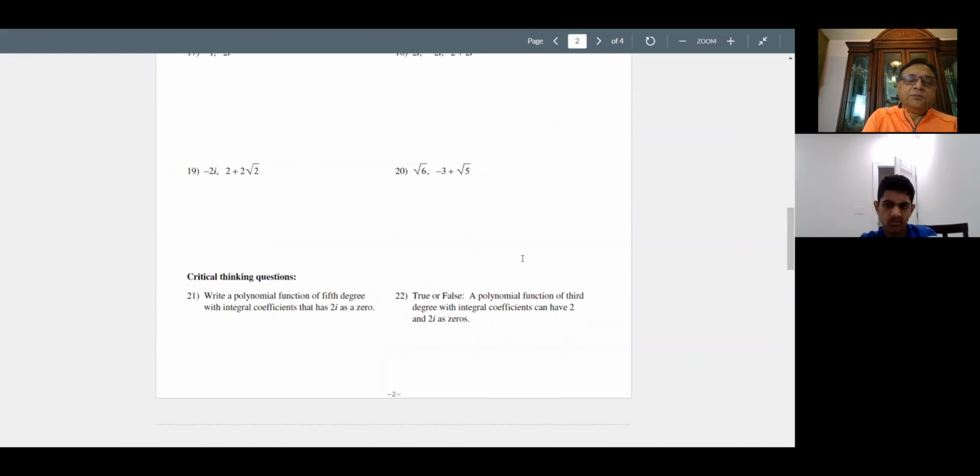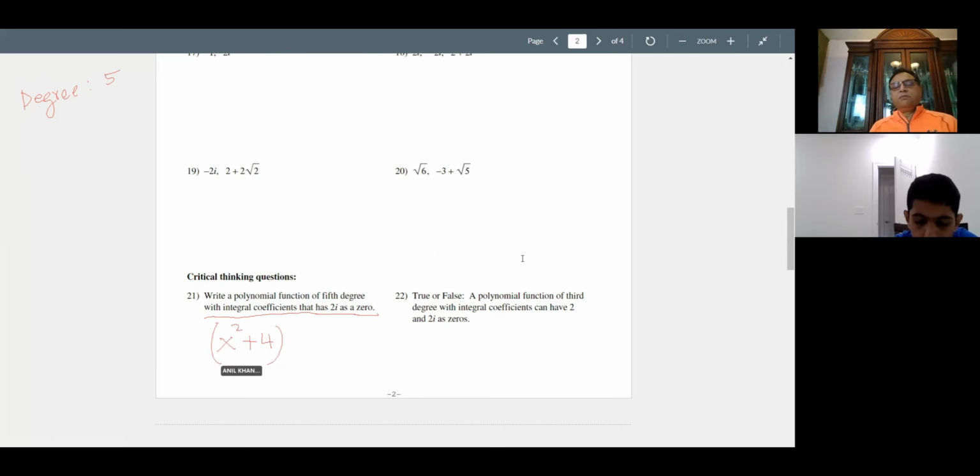Can you please read question number 21? Write a polynomial function of the 5th degree with integral coefficients that has 2i as a 0, right? So you want 2i as a 0, that means your factor will be x squared plus 4, right?